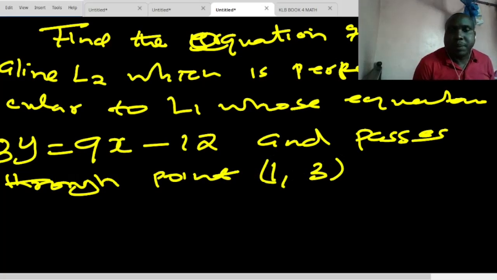A line L2 which is perpendicular to line 1 whose equation is this and passes through this.